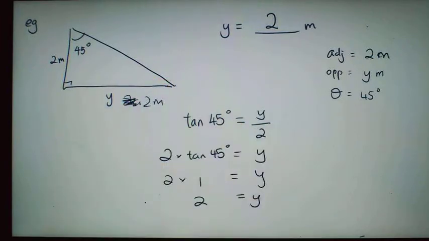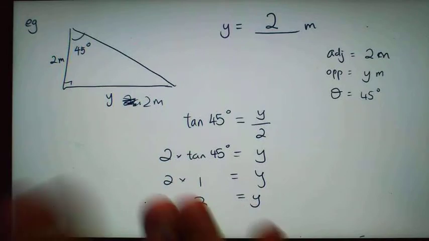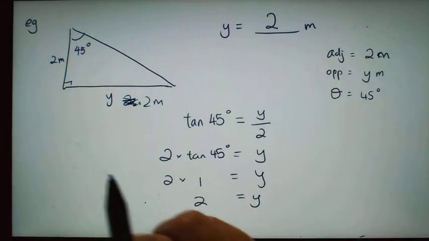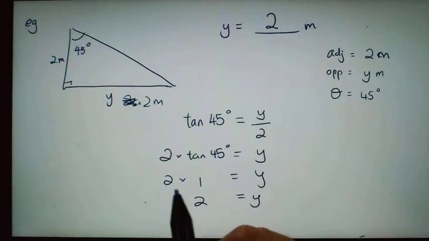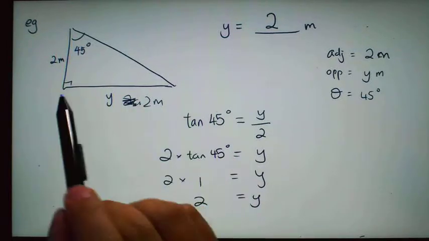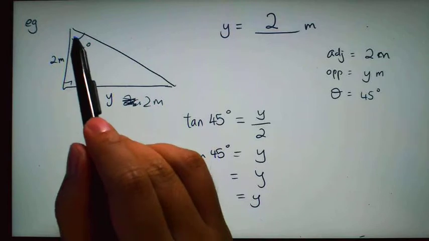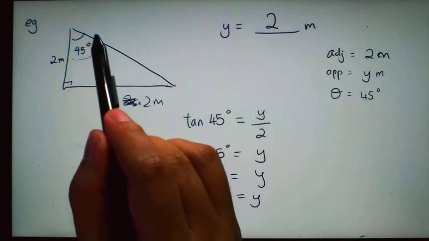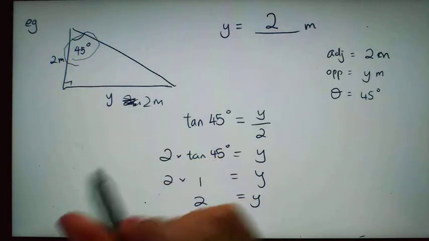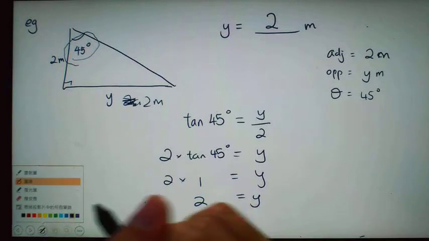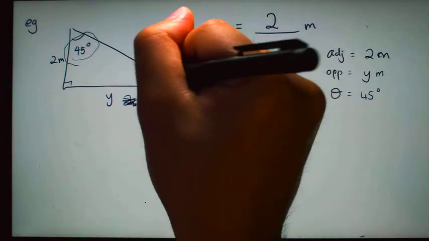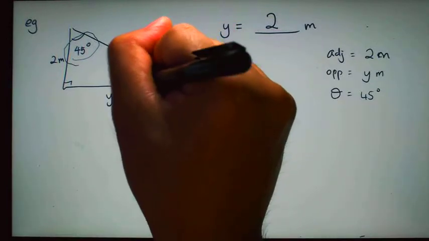Okay, at the beginning of the question, before I calculate this, I said that it is not necessary to calculate. Why is that? Because look at the question. This one here is a right angle, and I said this is 45 degrees, which means this one also 45 degrees, isn't it?